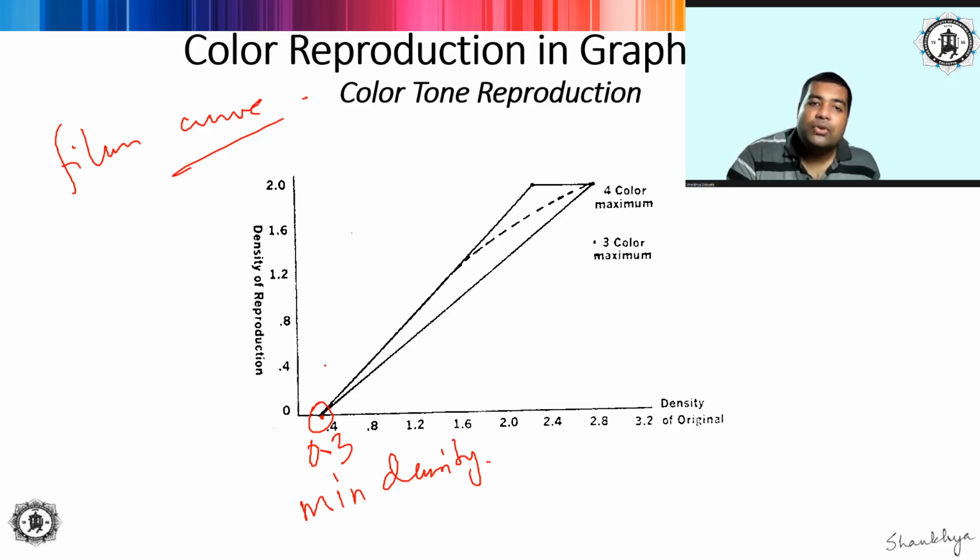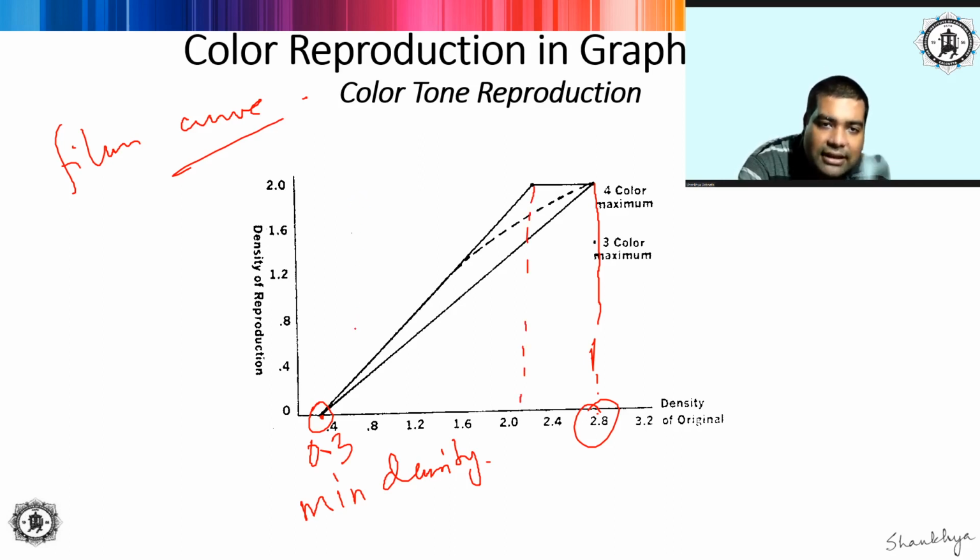Similarly, you have to do the same thing for your maximum density as well. What is the maximum density that is possible in your transparency? Here you can see the maximum density for your transparency was, let us say, 2.8. And for the same region, what is the maximum density that is possible in your reproduction? Let us say that is 2.